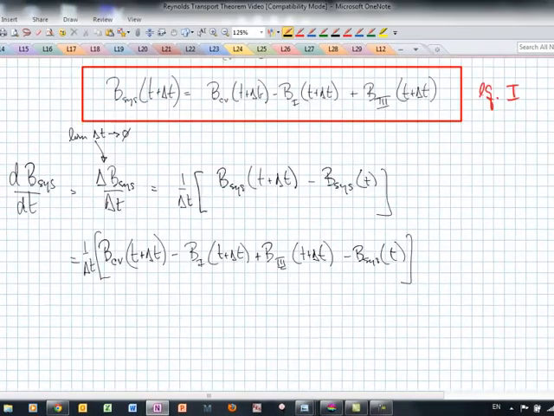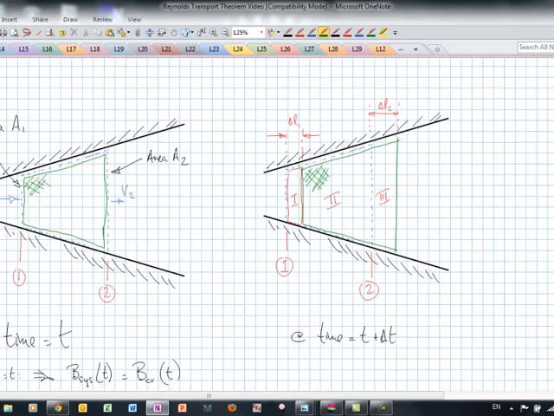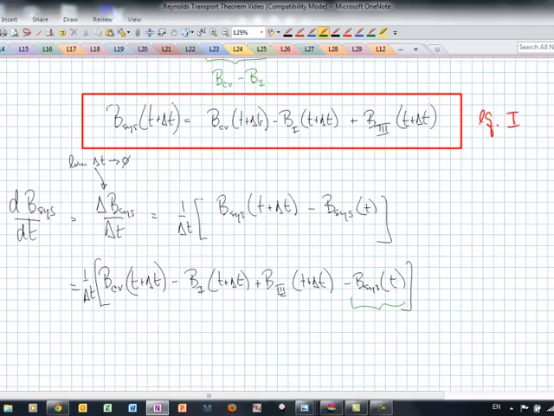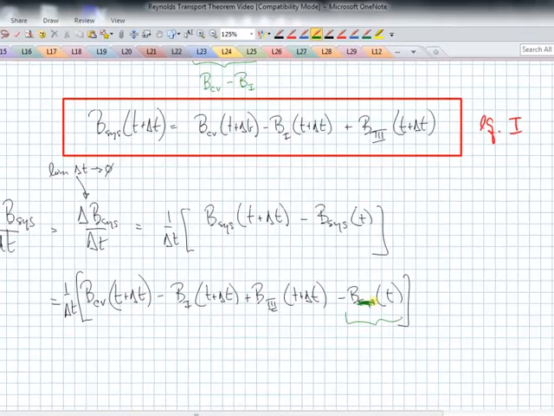Right off, I want to draw your attention to this last term, B sys at t. What do we know about B sys at t? That's the value of the extensive property in the system at time equals t. But at time equals t, the value of B in the system is exactly equal to the value of B in the control volume, because the system and the control volume are the same. So I can replace that last guy with BCV.